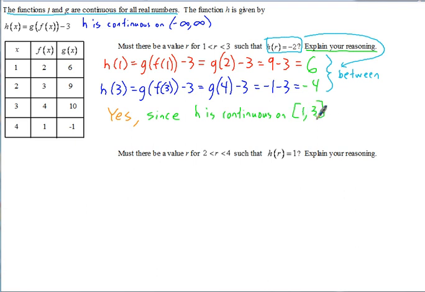It's continuous everywhere, from negative infinity to infinity. It's continuous on 1 to 3 as well. And h of 1, which was 6, is greater than negative 2. Negative 2 is greater than h of 3, which is negative 4. And then just add by the intermediate value theorem.